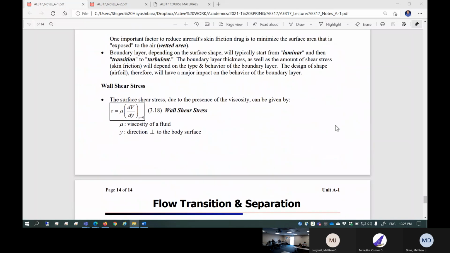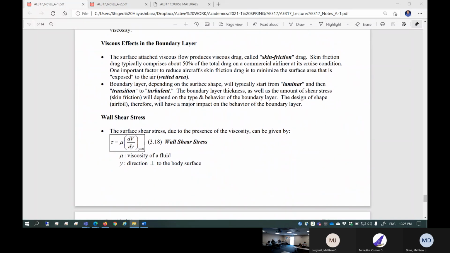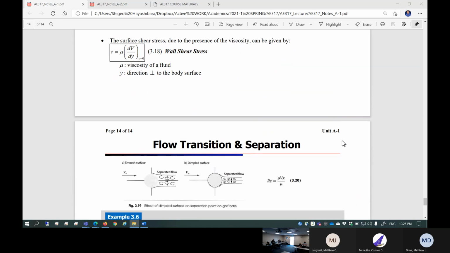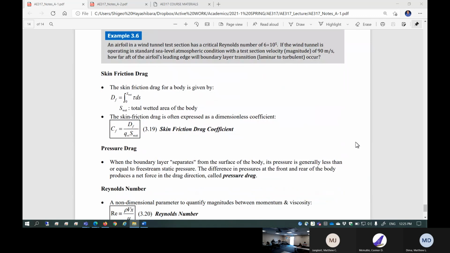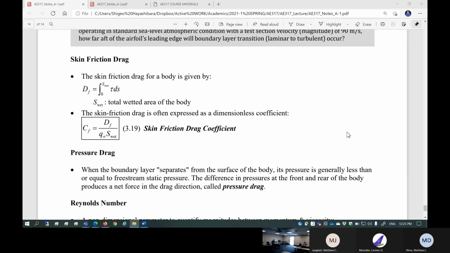This is the wall shear stress. Again, du/dy, the velocity gradient, multiplied by the dynamic viscosity, gets you the wall shear stress. Now, wall shear stress leads you into the skin friction drag coefficient. When you define the skin friction drag coefficient of your airplane, obviously your airplane surface is quite important.